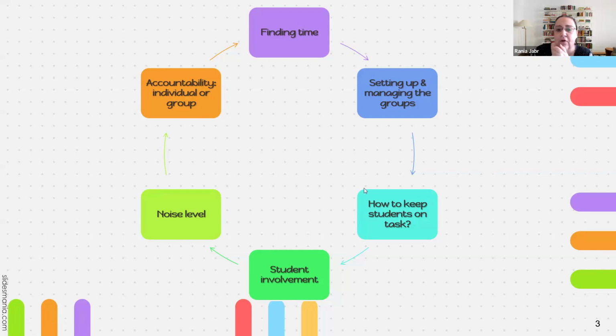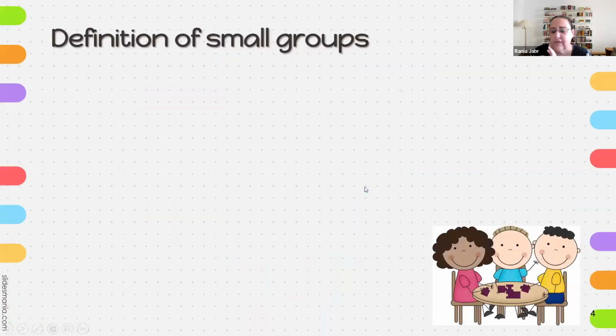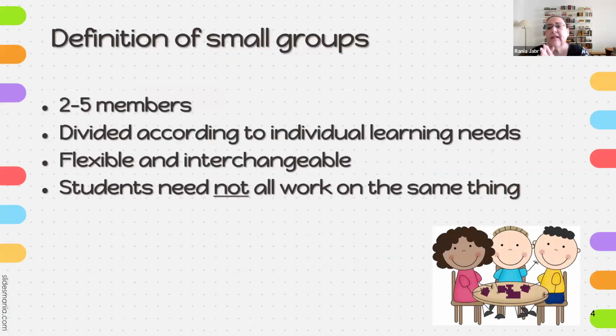All right, moving along. So today I'm going to talk about group work, and let's first define the construct. What I mean by small group work is from 2, a pair, depending on the number of students you have, up to 5, not more than 5. And I would suggest that we divide the students according to their learning needs.